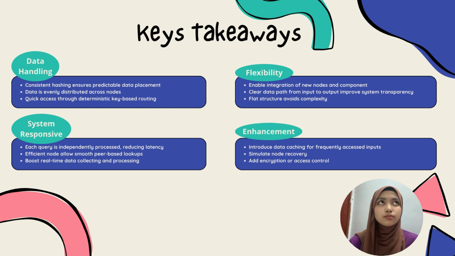The system is responsive and independent, and boosts real-time data collection and processing. Architectural flexibility enables easy integration of new nodes, and the flat structure avoids hierarchy and simplifies maintenance.